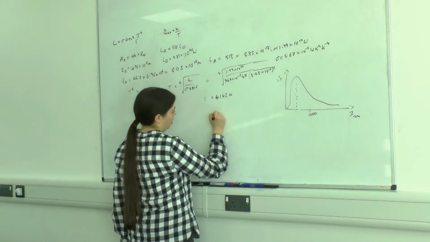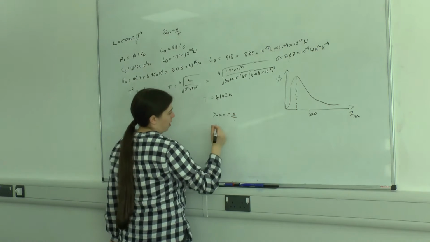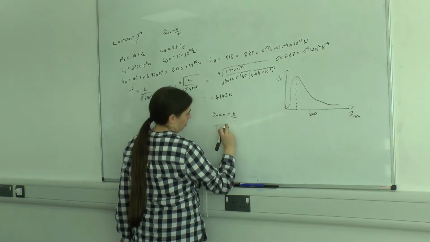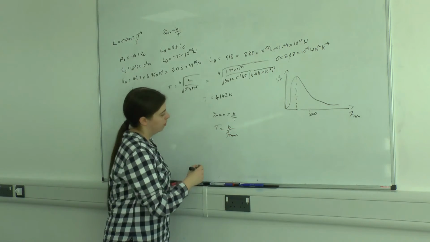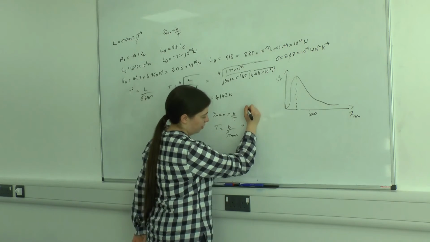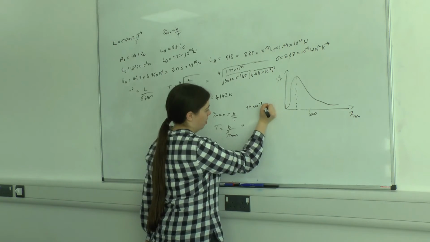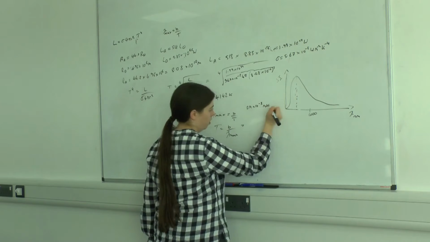T equals Wien's constant over lambda max, and Wien's constant here is 2.90 times 10 to the minus 3 meter Kelvin.